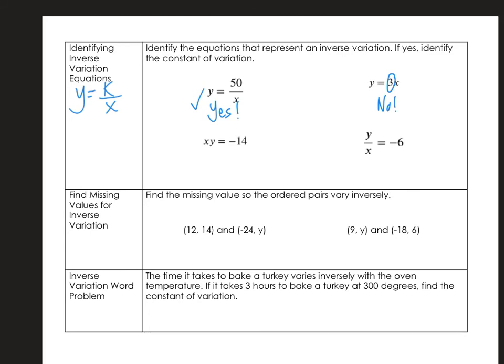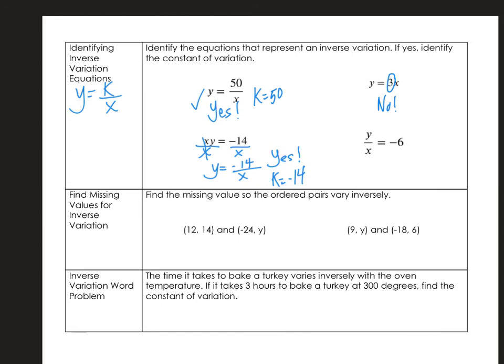Our bottom left, if we were to divide by x on both sides, then we would get y equals negative 14 over x. So yes, this is inverse variation. And guys, we should have been labeling the constants. So for the first one, the constant is 50. For this one, the constant is negative 14.